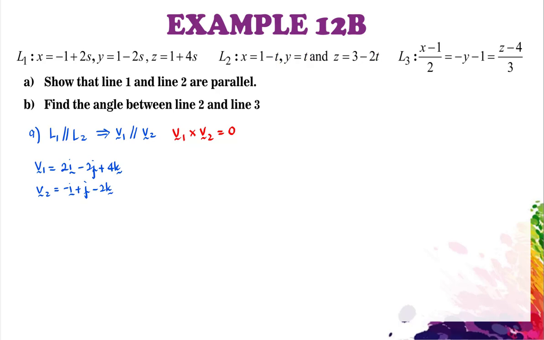So next, find the cross product by the expansion of determinant. We're going to have for the i component, 4 minus 4. For the j component, we have negative 4 plus 4. And for the k component, 2 minus 2.